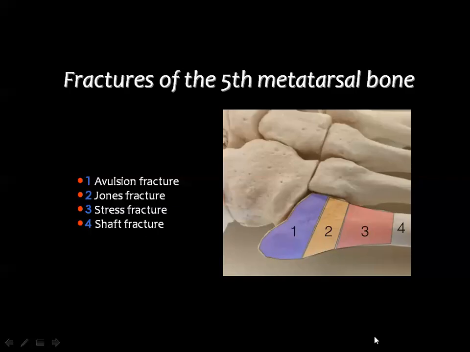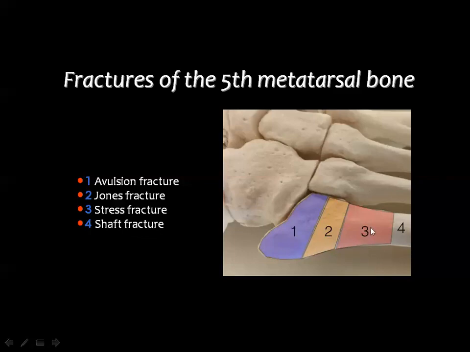Then fractures of the fifth metatarsal bone, which has many types of fractures. The first one is an avulsion fracture of its proximal segment, and then the second is the Jones fracture, which is immediately above this avulsion fracture.